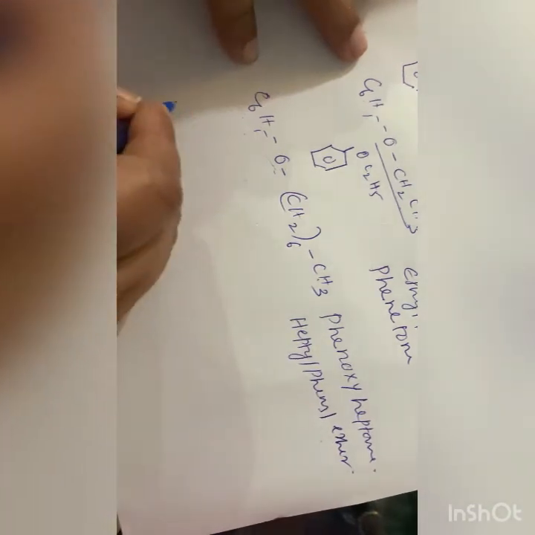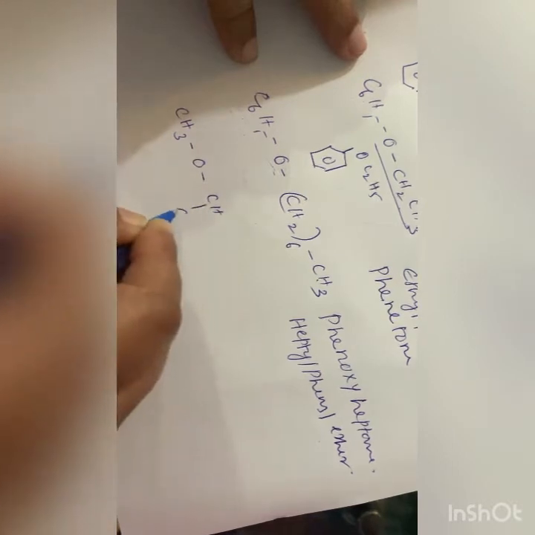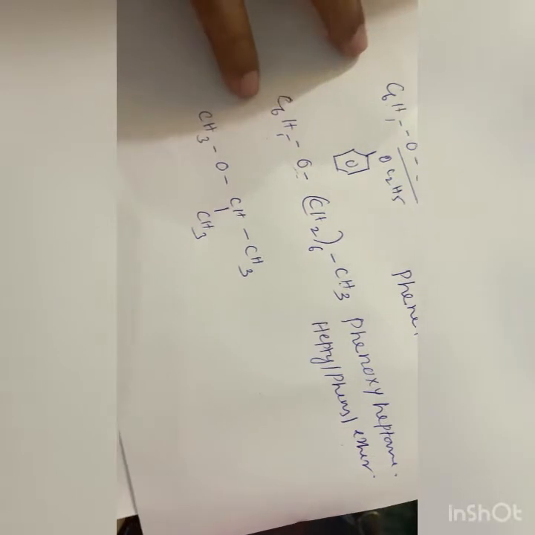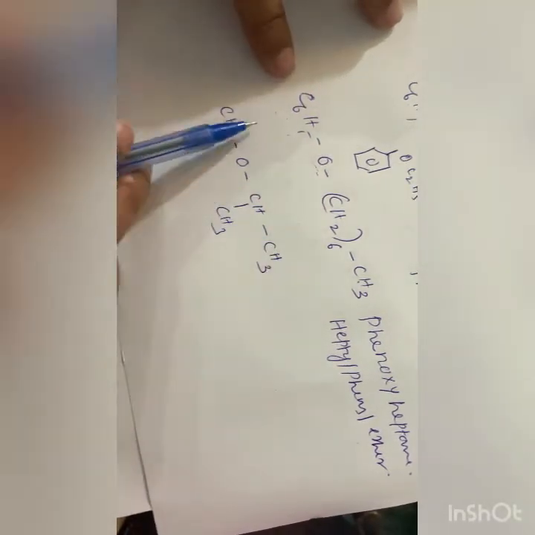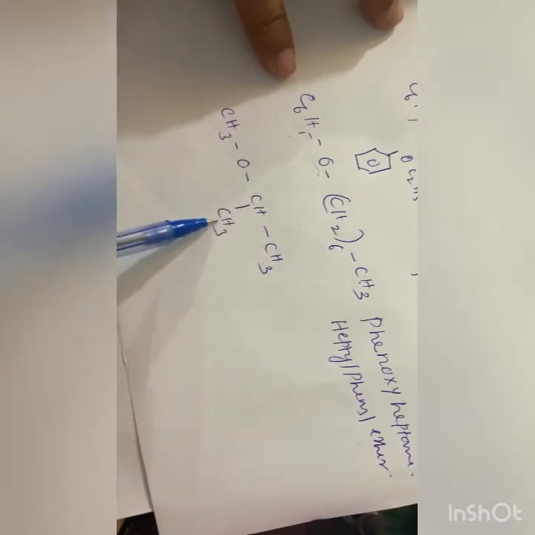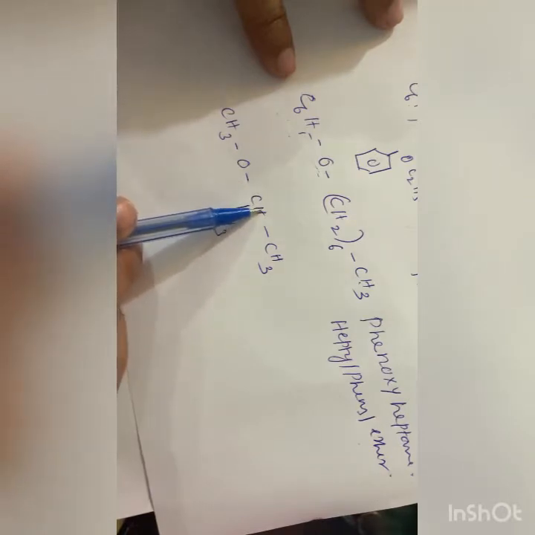Now next one, CH3O CH CH3 CH3. Okay, so this one, this side of oxygen 3 carbon, this side of oxygen 1 carbon. So it should be methoxy, and here 3 carbon is there, but the attachment is on second carbon. So what is the name of this?